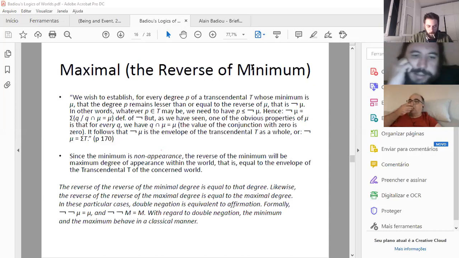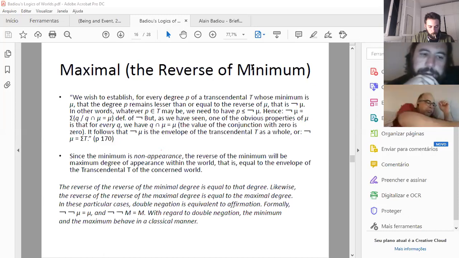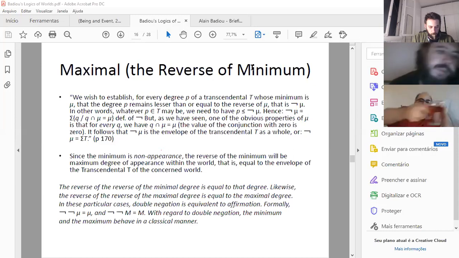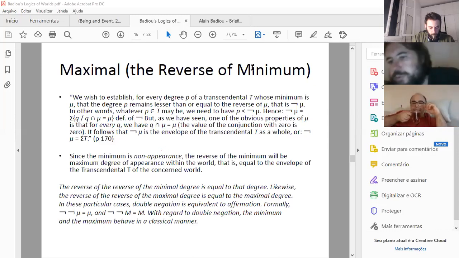So actually, the classical world will be a world with just the minimum and the maximum, because you have to have two transcendental degrees. And truth values will be assigned with these degrees. So the minimum will be false, the maximum will be true. There you go.